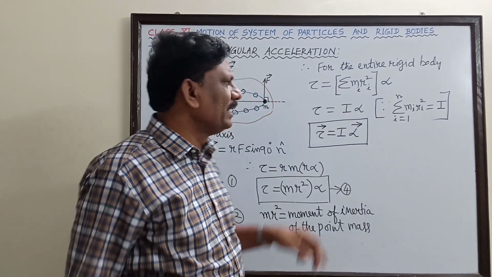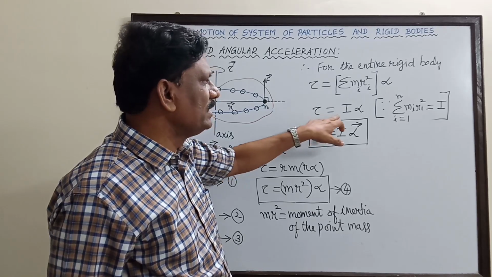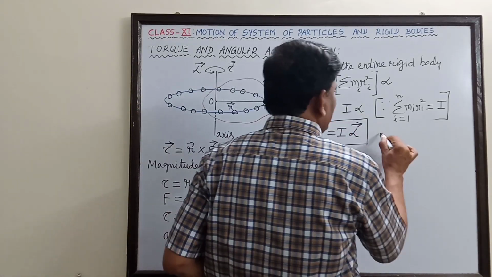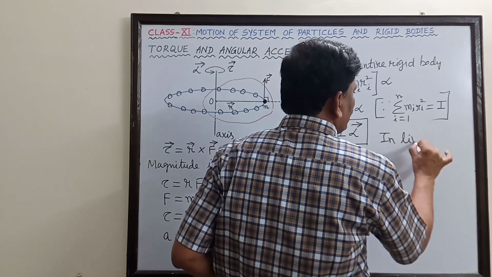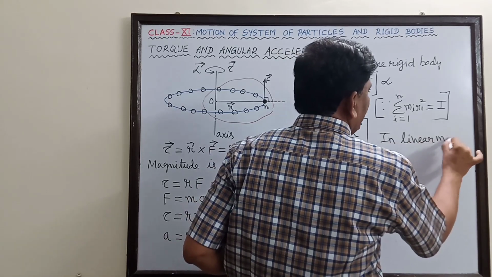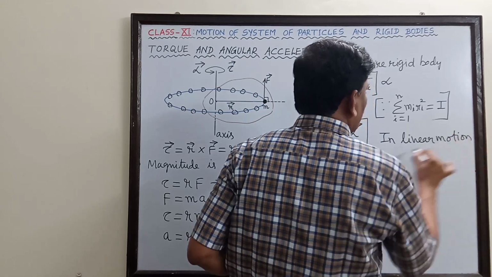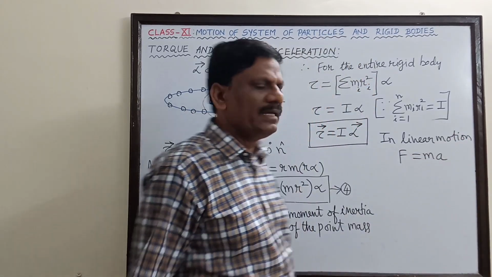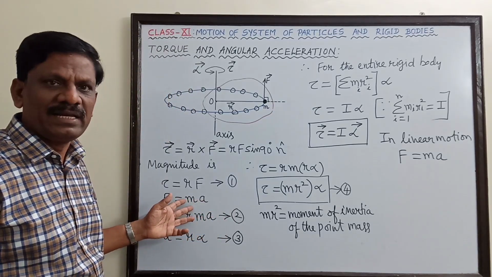Now if you compare this equation, tau is equal to I into alpha, with linear motion, a similar equation we have studied in translatory motion: F is equal to m into a. Is it not? Here we have used the same equation already.